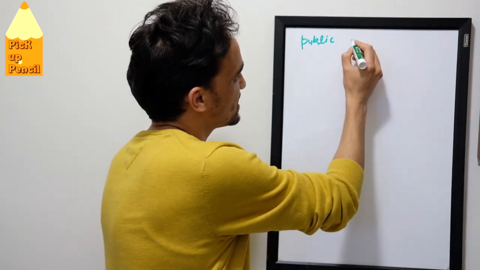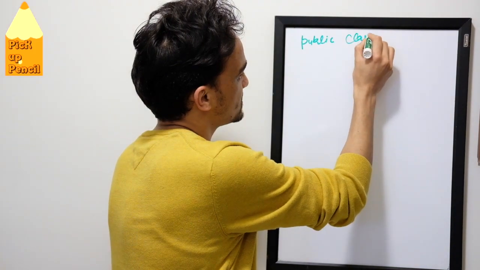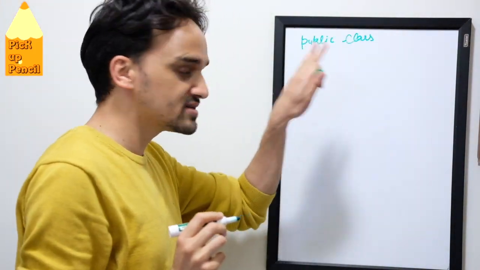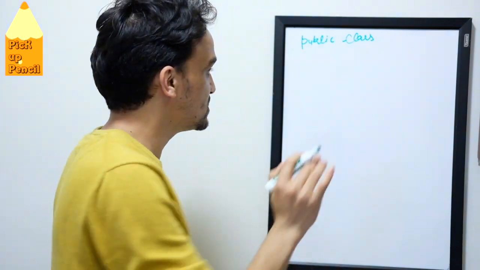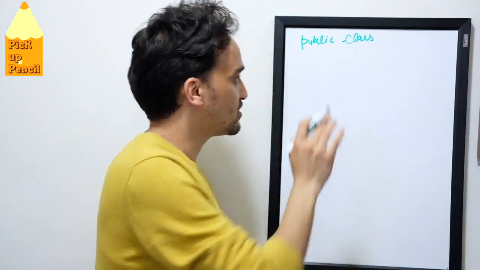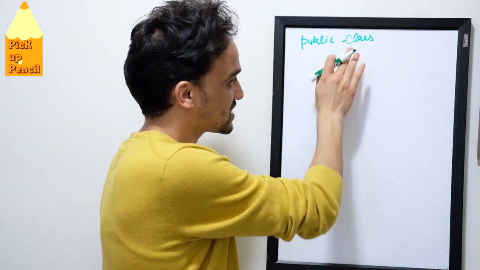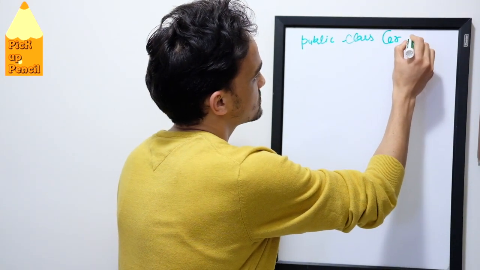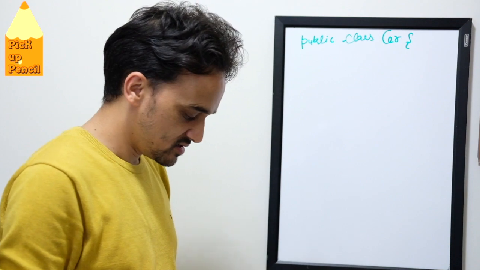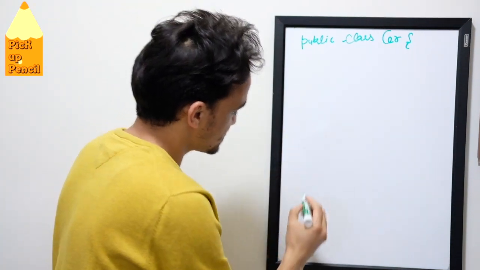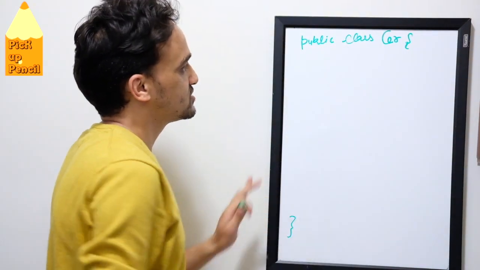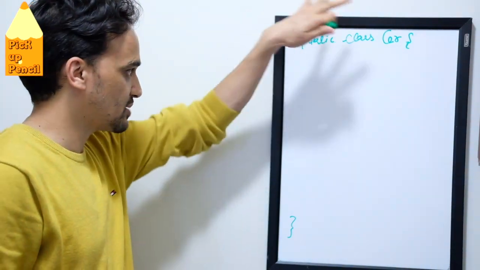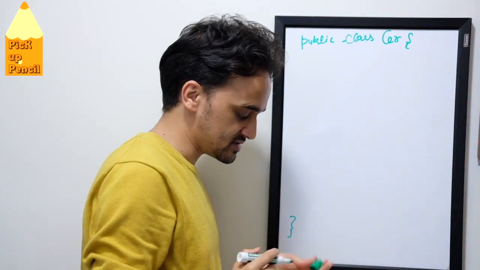Then we say class, lowercase. Remember, Java is a case sensitive language, so we have to be very careful about the cases. Class is a keyword, and then we say Car, and then opening curly braces. This is just the structure, the wrapper, the outline of our class.